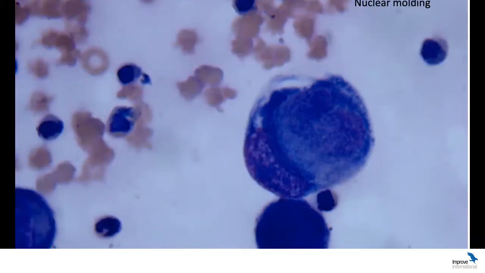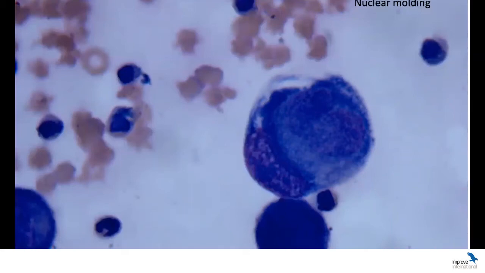In this case, for example, we have nuclear molding, where the nucleus of this cell is being molded by this cell being here. This is the cytoplasm, and that is the nucleus of that cell. This is potentially a consequence of something that neoplastic cells can do, which is cell cannibalism.